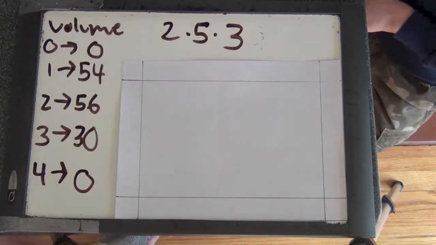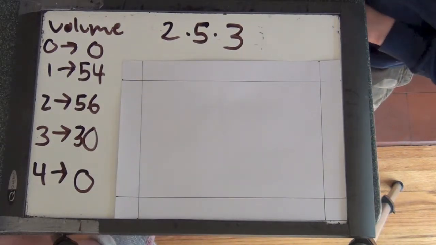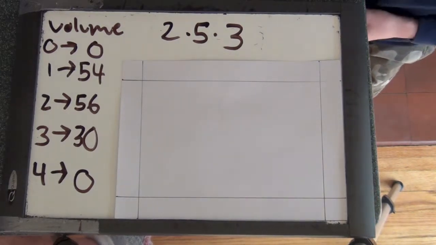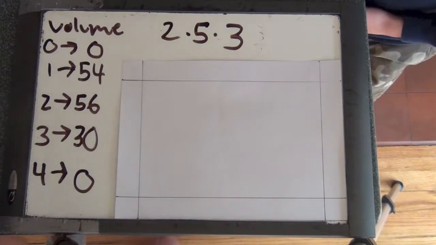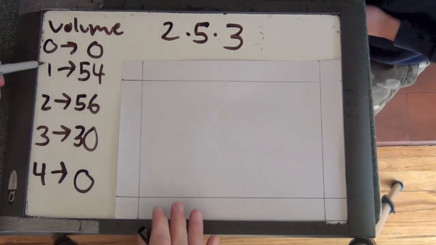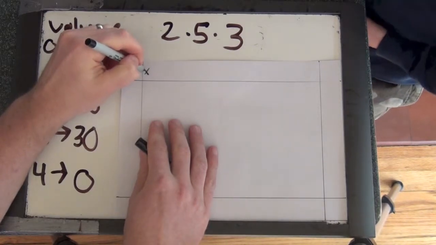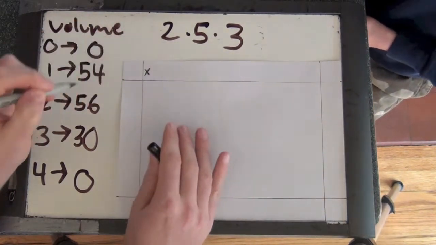But here's what I want to ask you now, because this is one really interesting part of this. What if instead of just being an integer that we were choosing, it was x? What if my cutouts were x?